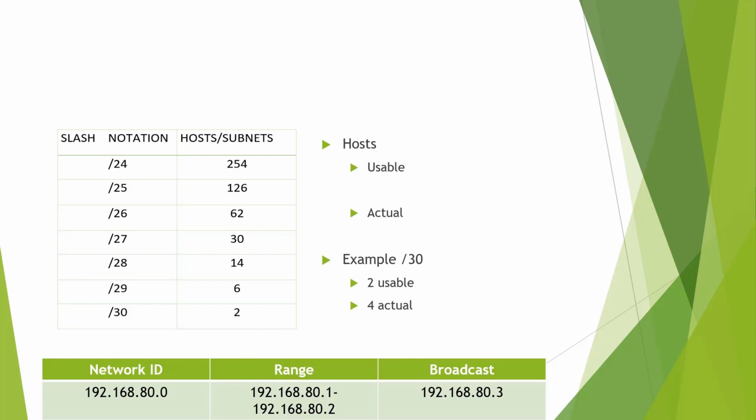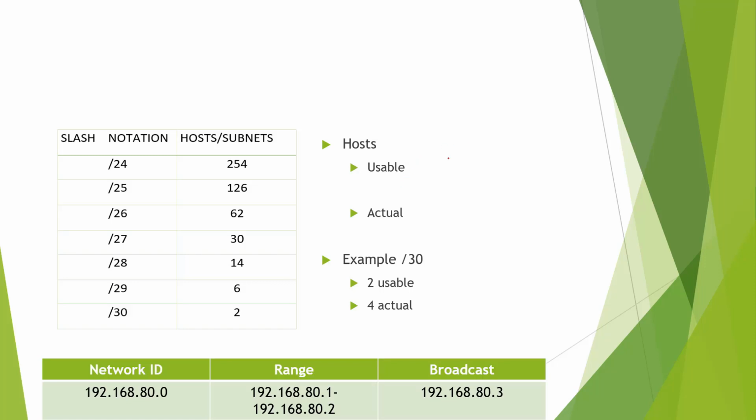Or I need a network that has a total of 64 hosts. They're different. If we are talking usable, normally that will denote that we have an ID and broadcast. Those aren't usable addresses. Usable means within our range.